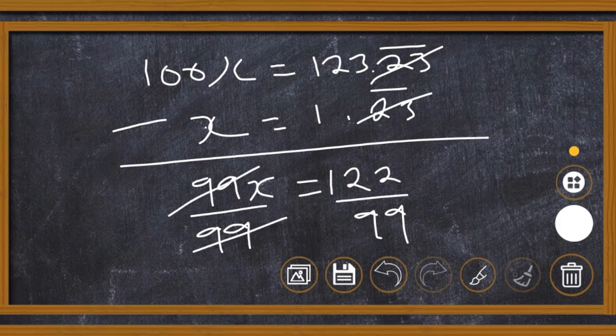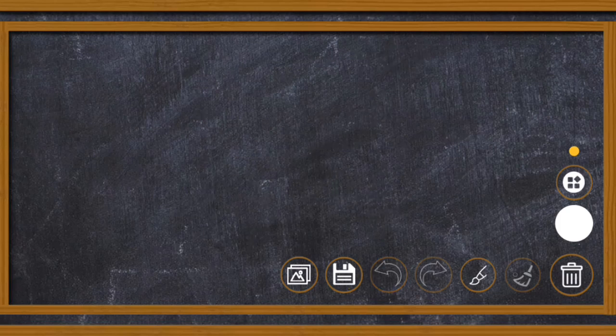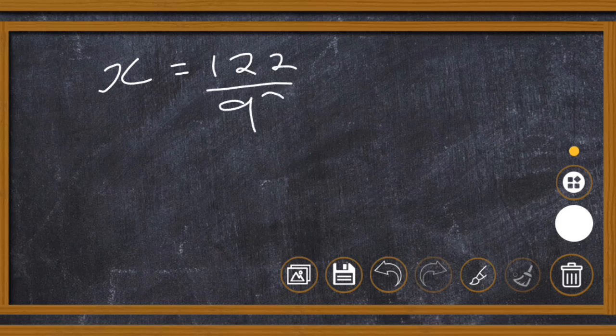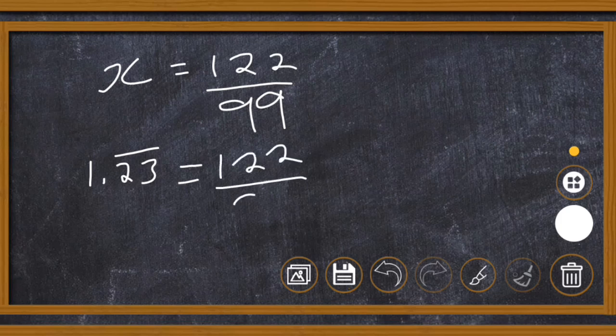So this 99 will cancel each other, and then we are going to have x equal to 122 over 99. Okay, so in short, 1.23 with a bar is the same as 122 over 99. So this is the answer. So make sure that you understand. So it's the same concept, right?